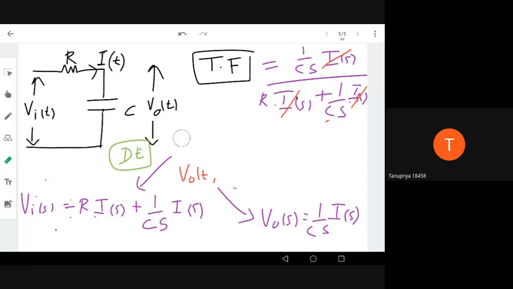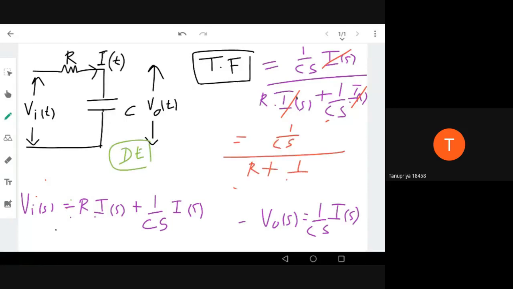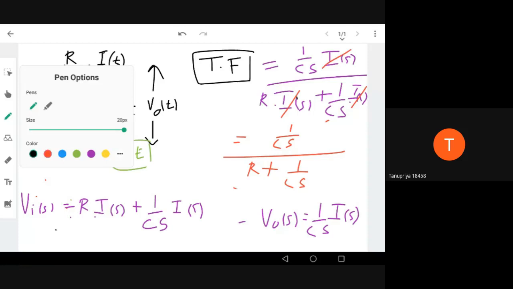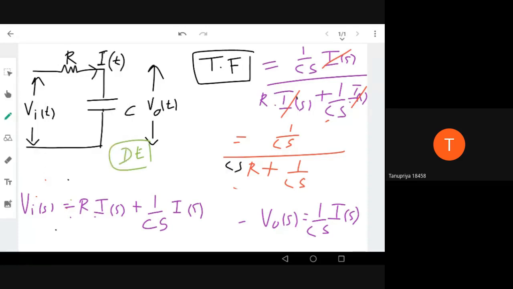Now the transfer function becomes 1 by Cs divided by R plus 1 by Cs. I can simplify it, since Cs is the common denominator and cancels. So this will be 1 divided by RCs plus 1. This is the transfer function.